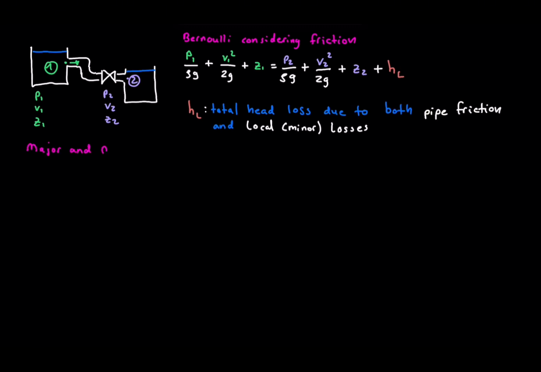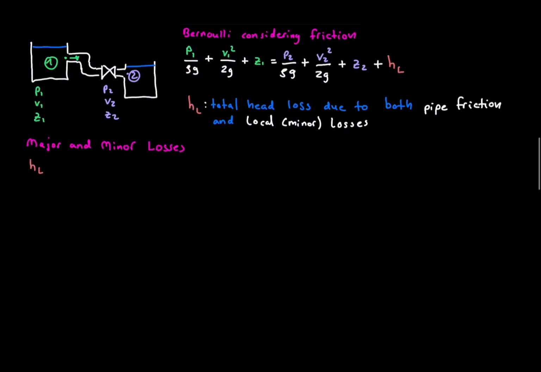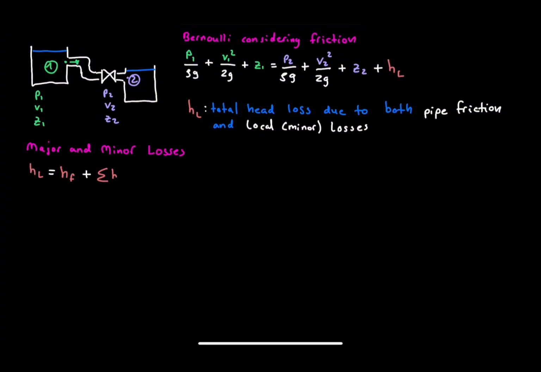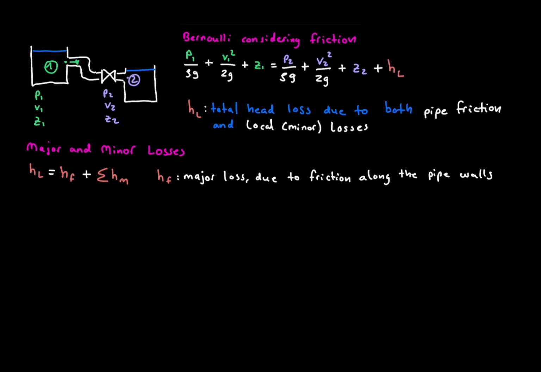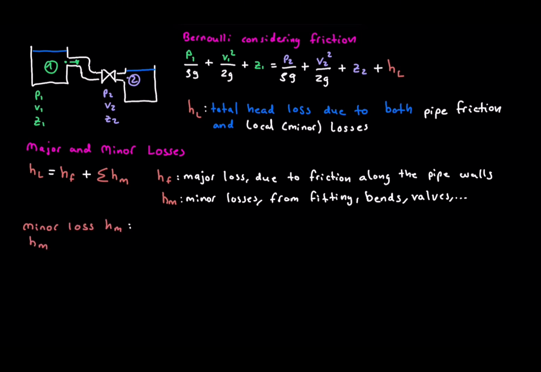The total head loss splits into two parts, major losses and minor losses. Major losses come from wall friction along the straight parts of the pipe. Minor losses come from fittings, valves, bends, and expansions. Each minor loss is written as h sub m equals k times velocity squared over 2g, where k is a dimensionless coefficient found from experiments.